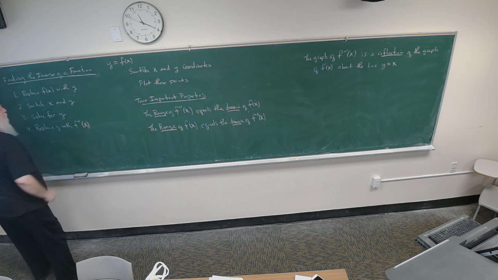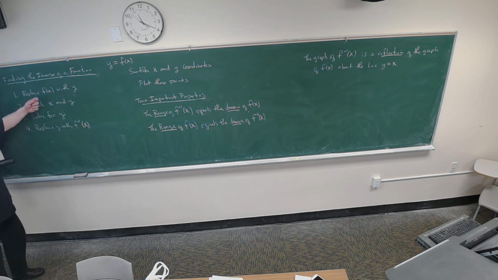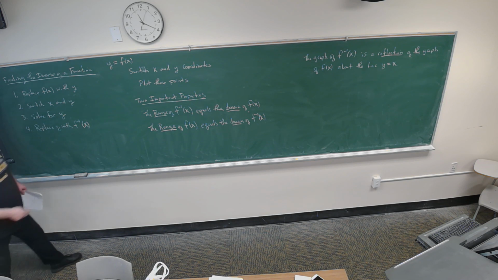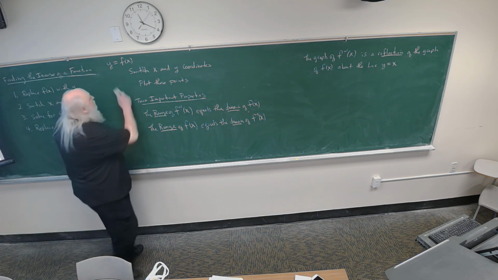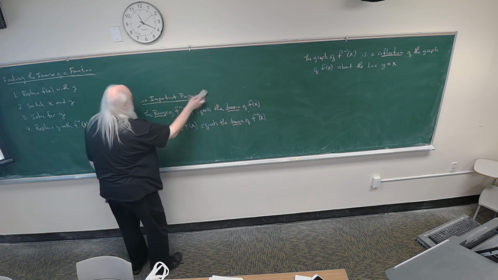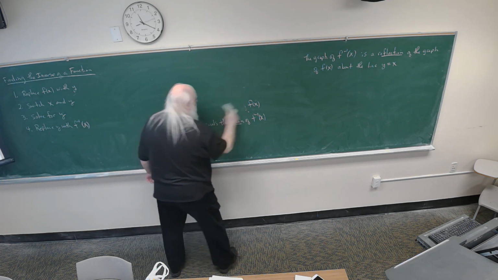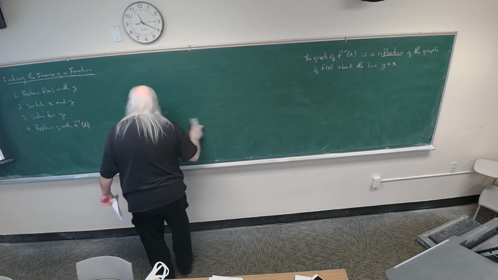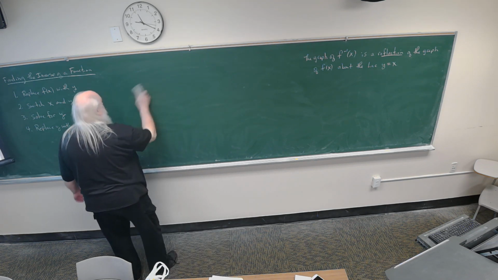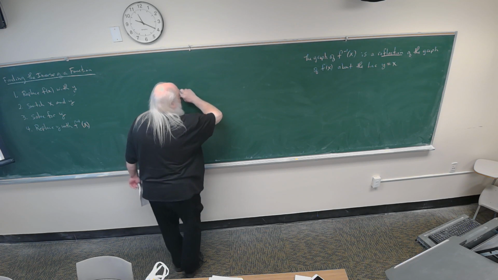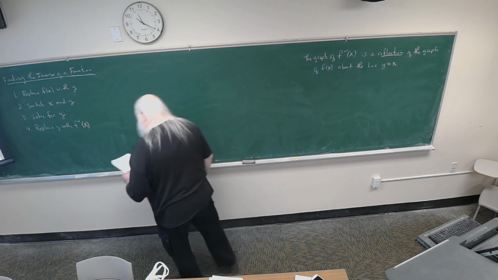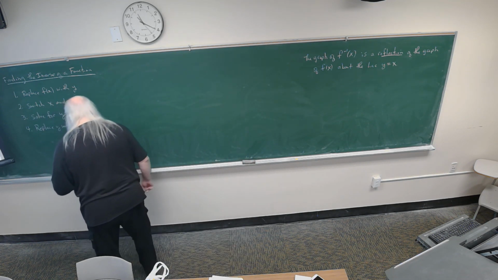Now, keep in mind, in math, we like to use f for the name of the function a lot, right? But this could be g of x or h of x, right? We could be using other letters of the alphabet. Okay. So it's the same 4 steps every time in finding the inverse of a one-to-one function. And it's important that you know these 4 steps because we're going to be working with them for the rest of the semester, not just in this section. Math is cumulative.